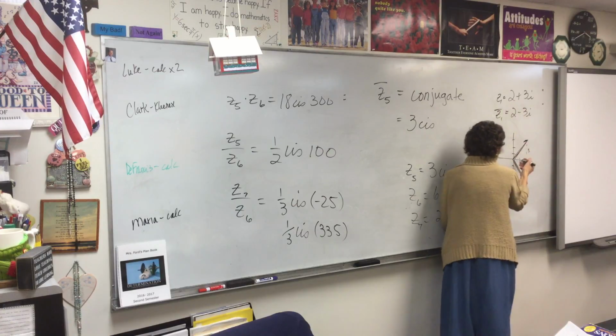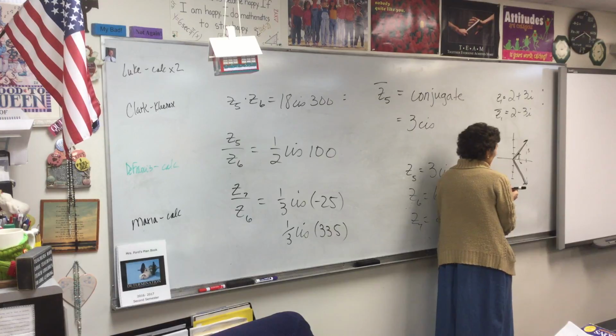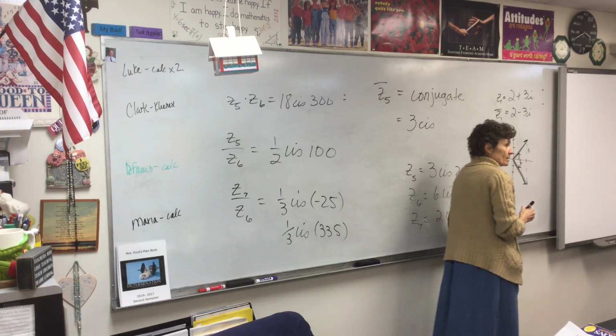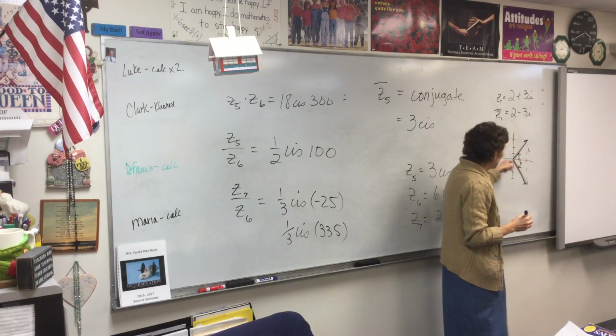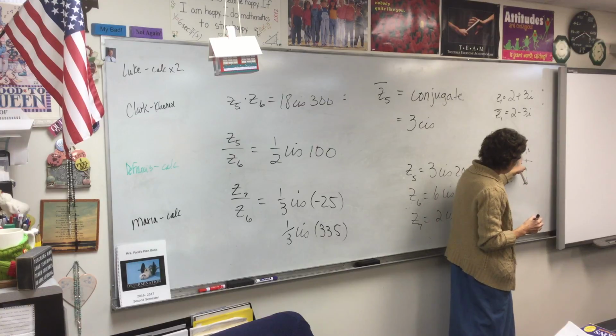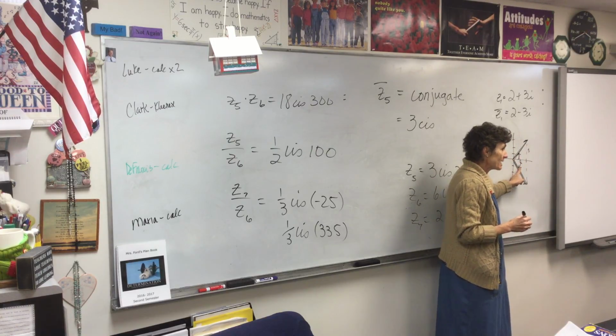The original number here had this as its angle. The conjugate has this as its angle. Now what can you tell me about those two angles? Over 2 up 3, over 2 down 3. What can you tell me about the size of those two angles? They're the same, aren't they?